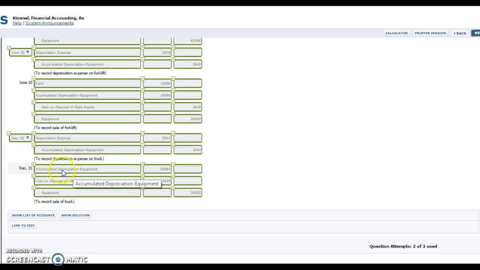So we would enter that as a debit so that we could get rid of that entry on our balance sheet. Then you take the difference between $29,392 and $20,064 to find out what the loss was when they discarded the truck. And in this case, it works out to be $9,328.